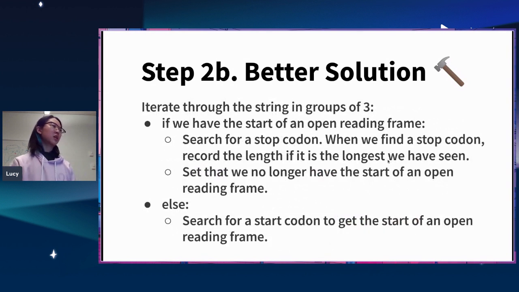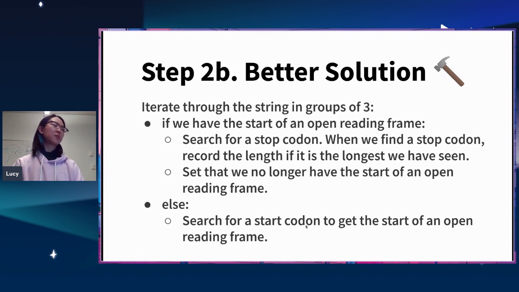So we can iterate through the string in groups of 3, or you don't have to. I decided not to include this in the solution, but you can. So we just iterate through the string one by one. You can ignore the groups of 3. Then there are 2 conditions: we either have the start of an open reading frame or we don't. The easier case is if we don't have the start of an open reading frame, we just search for a start codon.